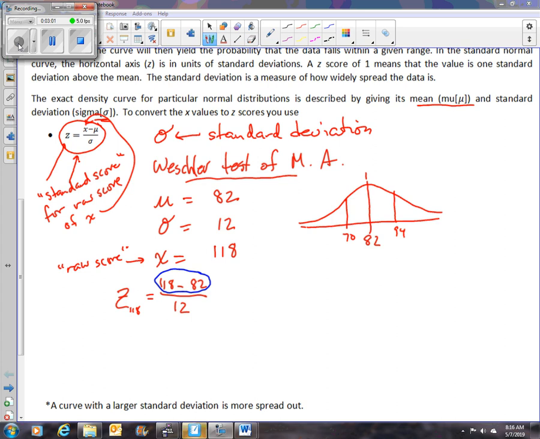Now, first of all, I'm going to ask you this question, and I'm going to pause for a moment, and I want you to think about the question I'm asking. Okay, now, first of all, realize the 118 is x, or the raw score. It's the score that Joanna got on the test. 82 is the mean, and we're subtracting the mean, the average score, from Joanna's score.